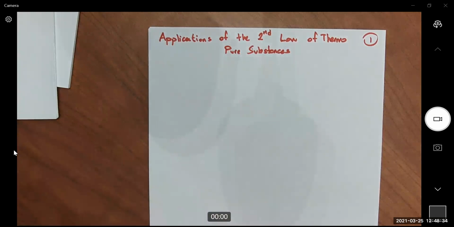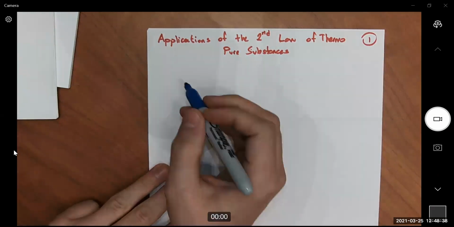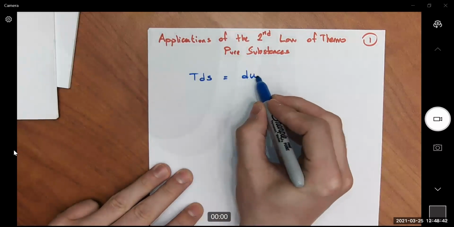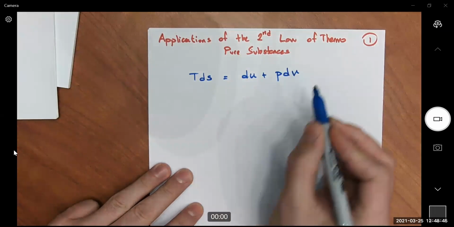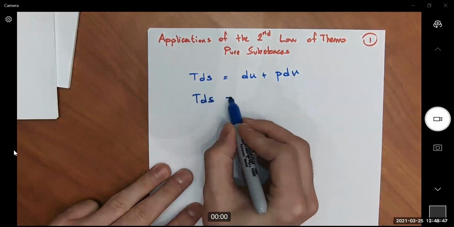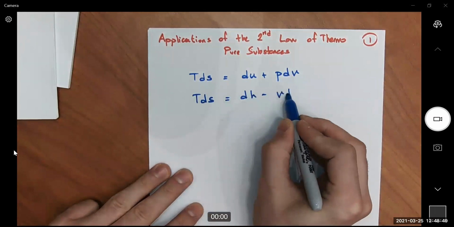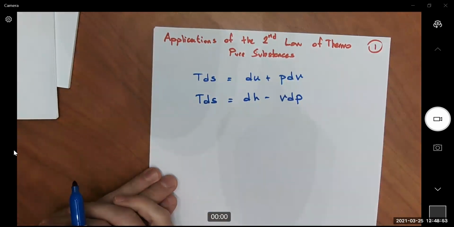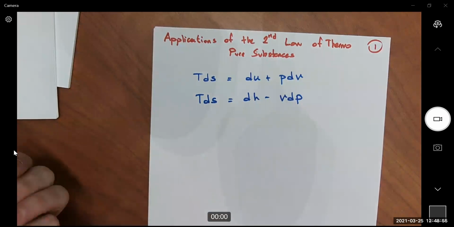Last time we introduced the TdS equations, TdS equals C_v dT plus T(∂P/∂T) dV, and we had a second equation, TdS equals C_p dT minus T(∂V/∂T) dP. Today we will talk about pure substances.